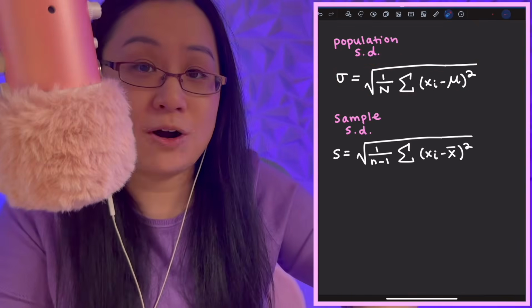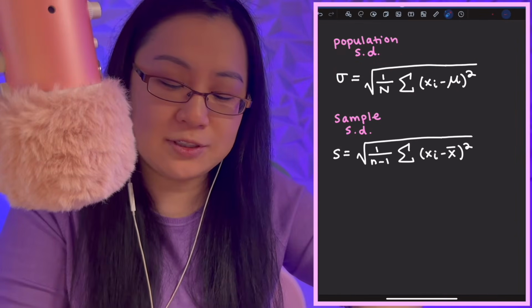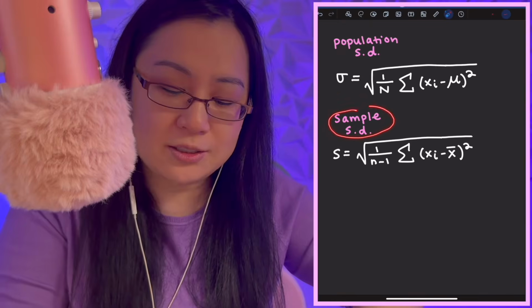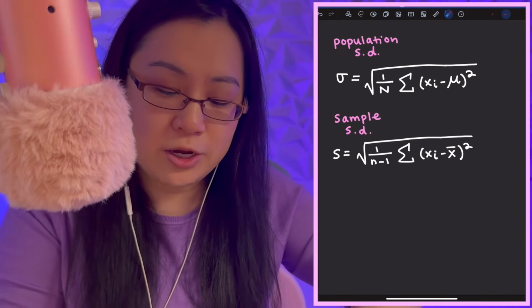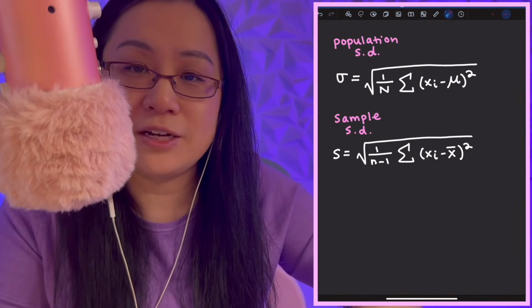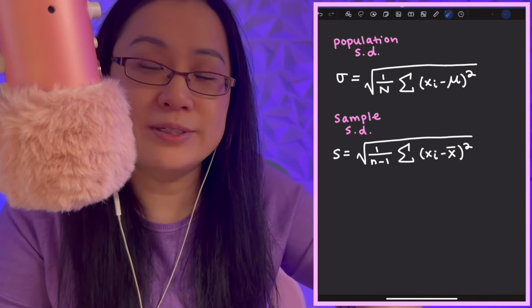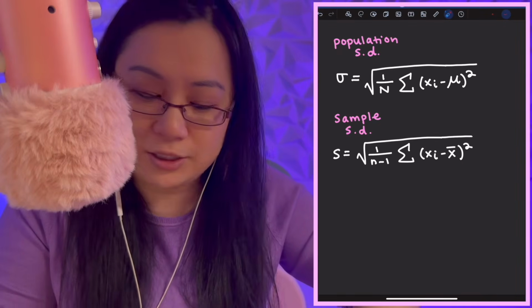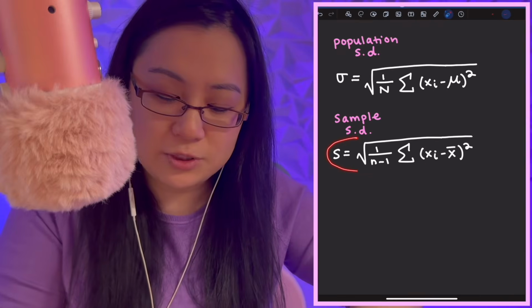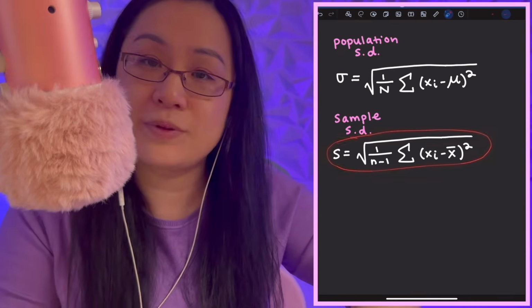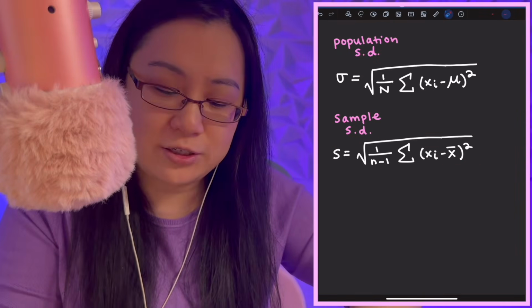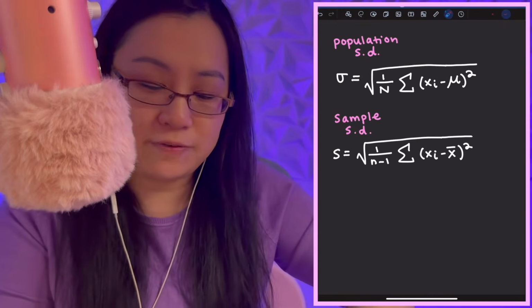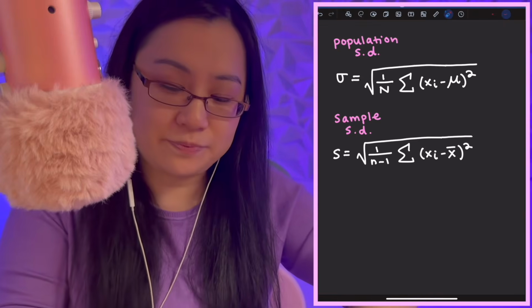Now I think more often than not you will actually have sample data, a sample standard deviation. So you would have quantitative data collected for a subset of the full population. In that case, you would use this formula here. So you would find the standard deviation of a sample of data or a population.